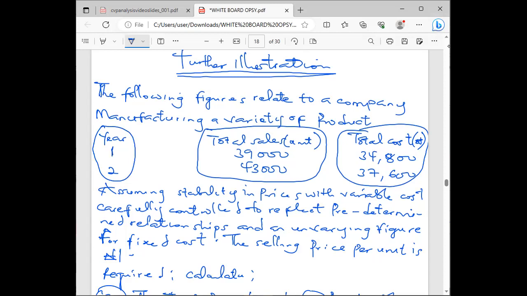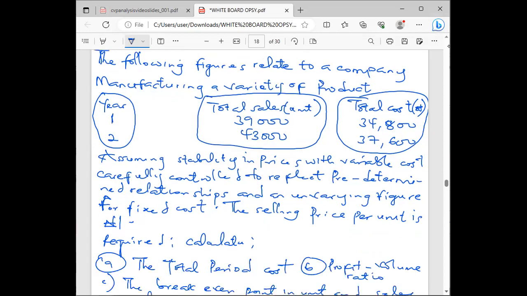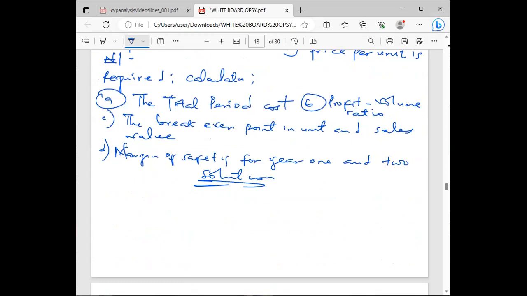The examiner can give you up to 5 or 10. You have the values of all these elements of total sales, total cost for 2 or more levels. The approach to it is what we call the high-low method. We use the high-low method to approach this.